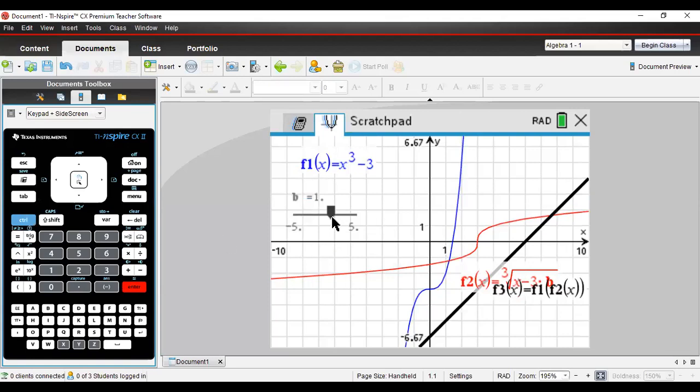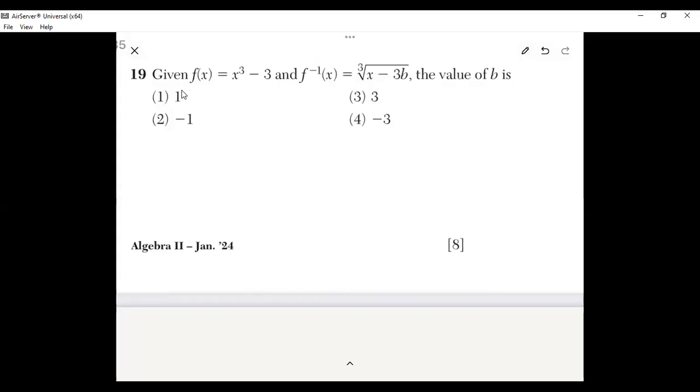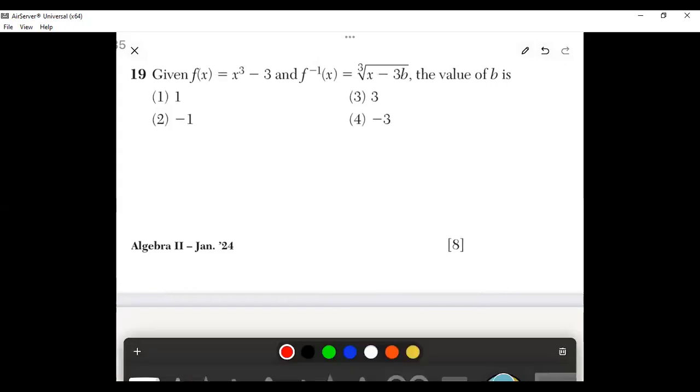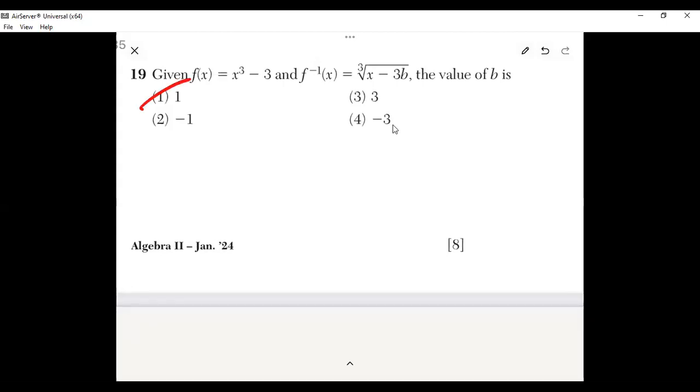So now all we have to do is go to the b. And remember, the values that you have are 1, -1, 3, and -3. Well, we know it's not 1 because right now we have 1 in for b and it's not the inverse. So let's go to -1.